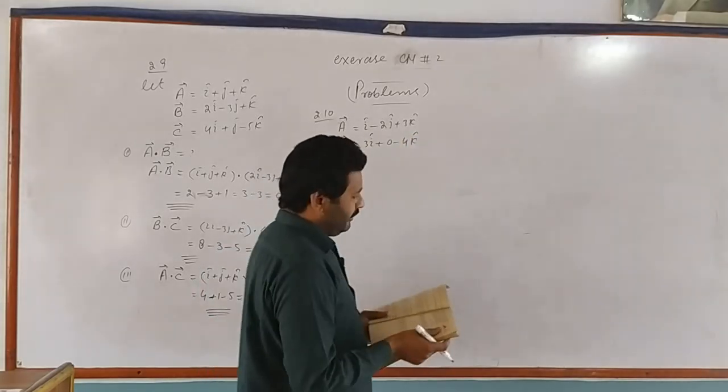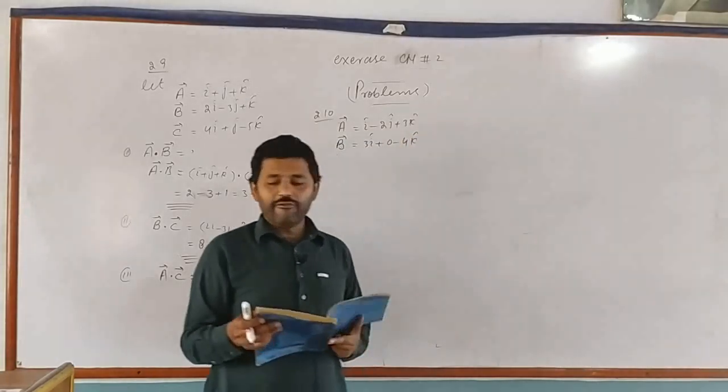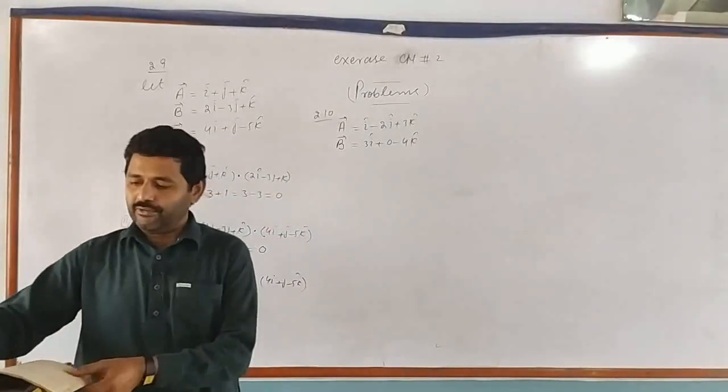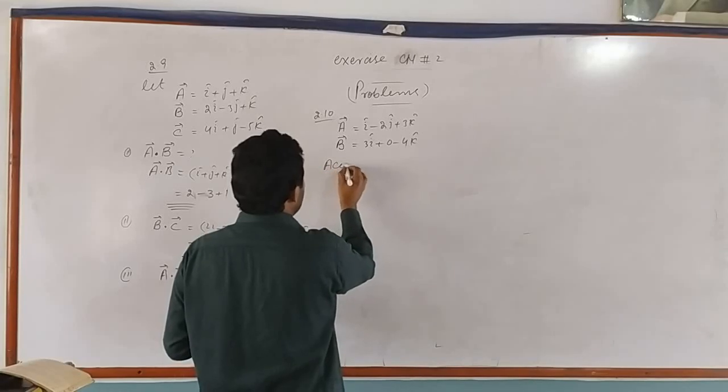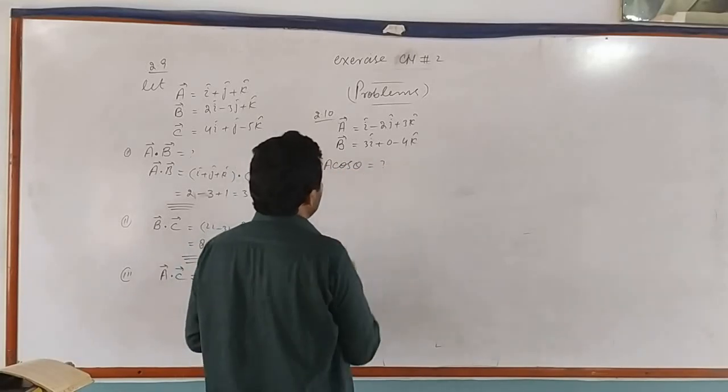Find the length of the projection of vector A on vector B. We have to find the projection of vector A on vector B, which is A cos theta.